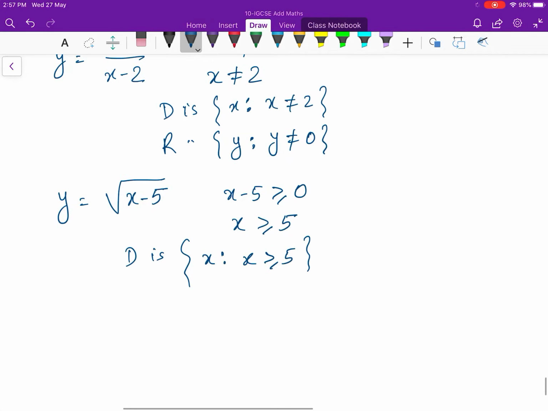Below 5 you will get a negative number, which is not possible, so for that, the square root is not defined. Range of this: the output of a square root is positive, so y will be y greater than or equal to 0.